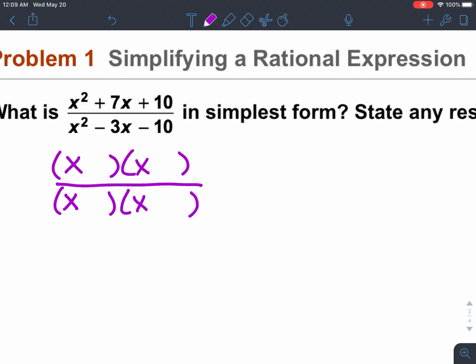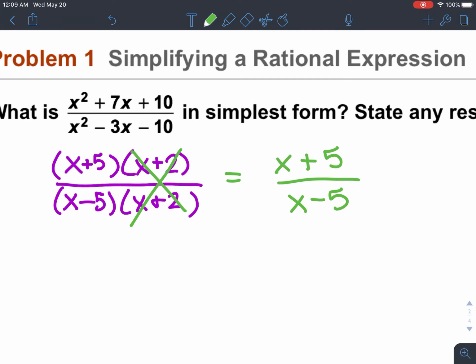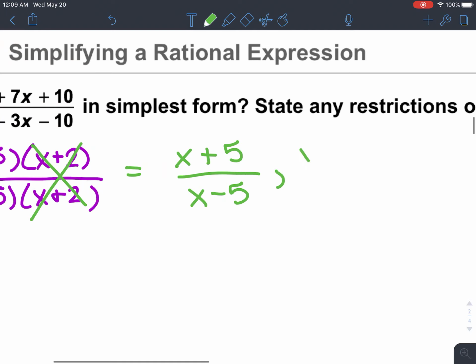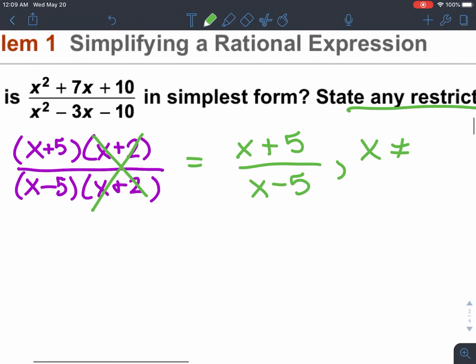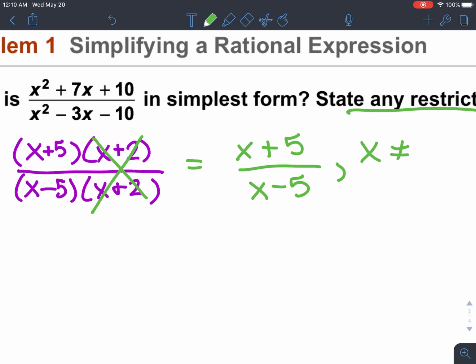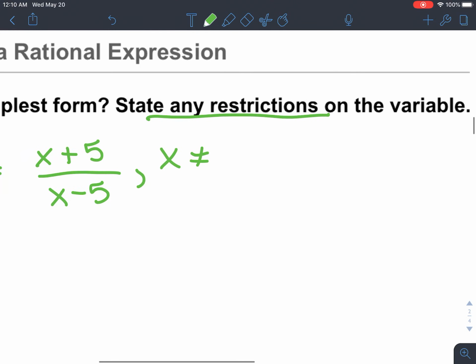So the top factored is x plus 5, x plus 2, and the bottom factored is x minus 5, x plus 2. And so they both have x plus 2 as a factor. So the simplest form is x plus 5 over x minus 5, but you must say what x can't be. So state any restrictions on the variable. So go back to before you canceled. x can't be 5 and x can't be -2.